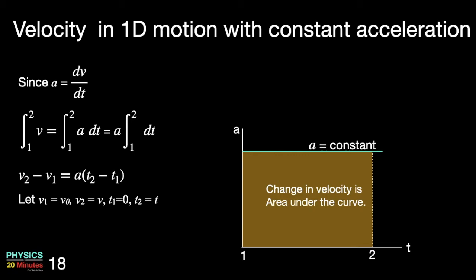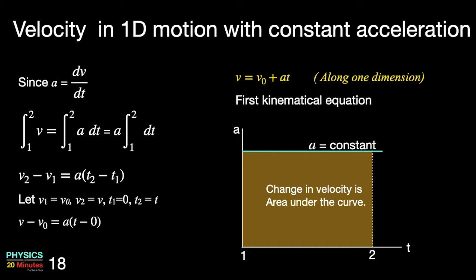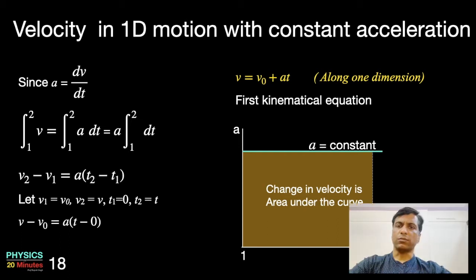Then the above equation will modify into v minus v0 is equal to a times (t minus 0), or we may write it as v is equal to v0 plus at. That is, final velocity is equal to initial velocity plus acceleration into time. This equation is also called the first kinematical equation.